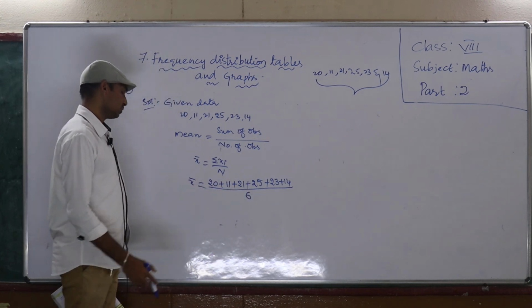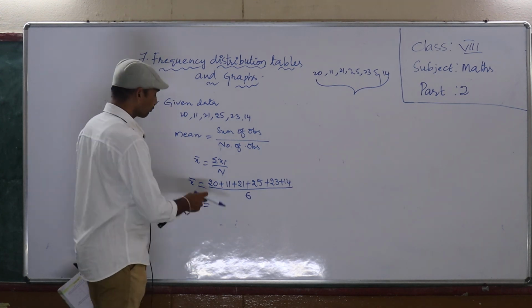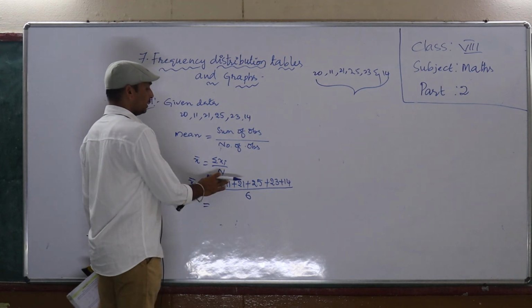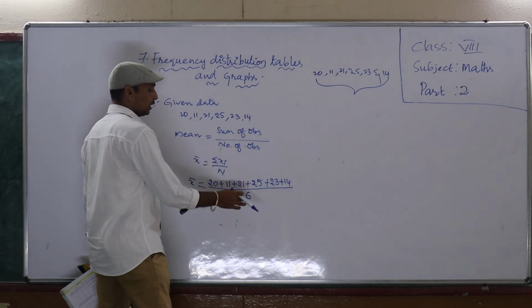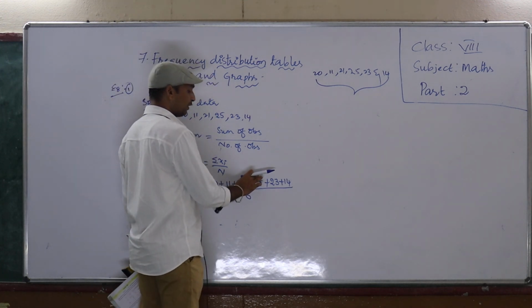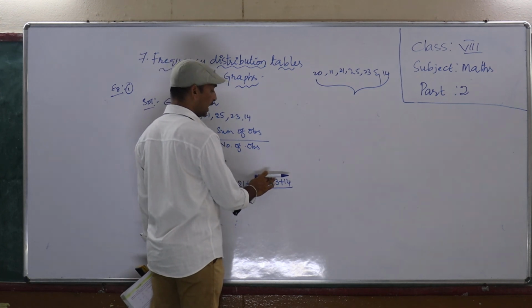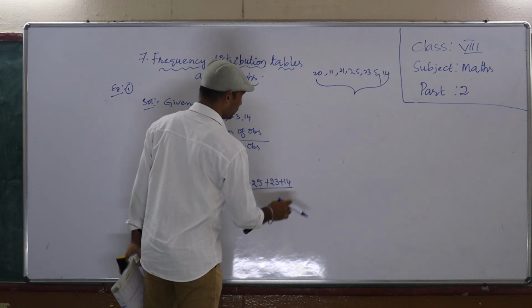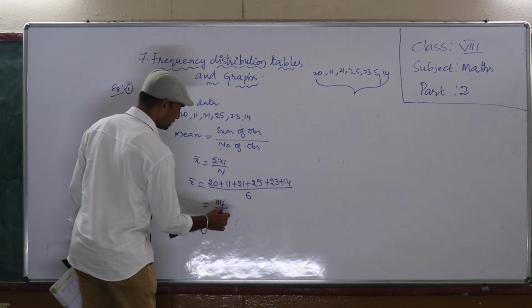Okay children. So here, 20 plus 11, 31. 31 plus 21, 52. 52 plus 25, 77. 77 plus 20, 97, plus 3, 100. 100 plus 14, 114 by 6.